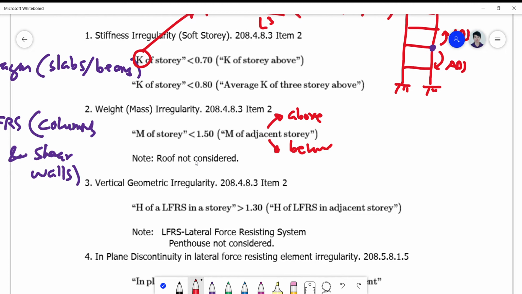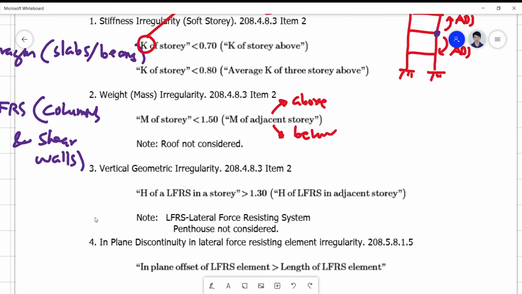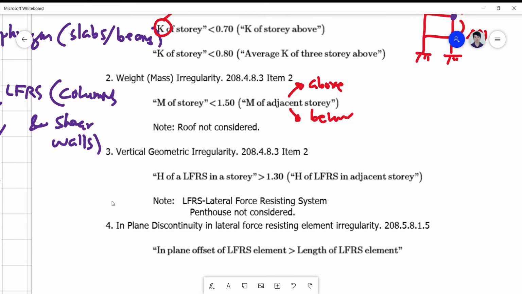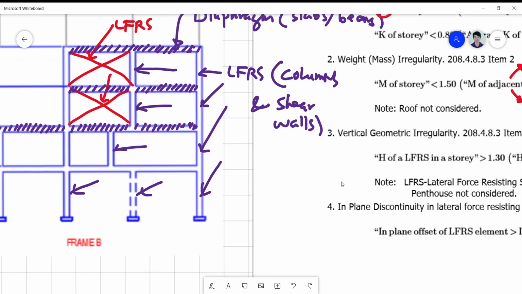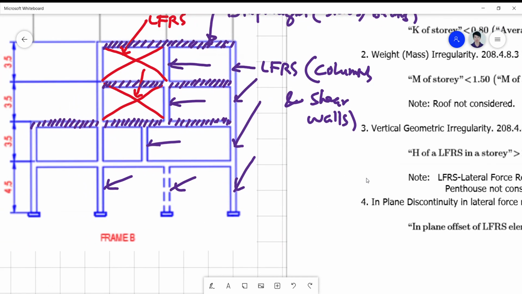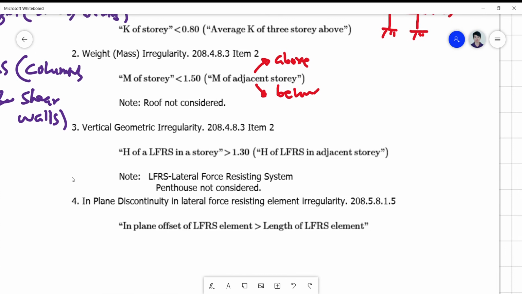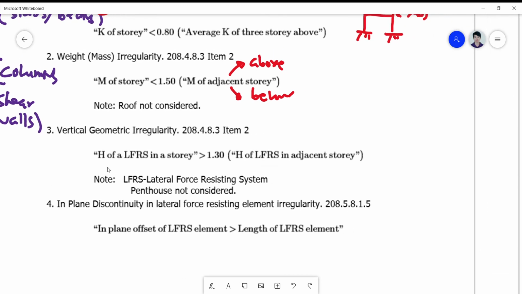Okay, for vertical geometric irregularity, we now talk of the elevation or the vertical plan or the vertical setup configurations. So we are talking here of height.